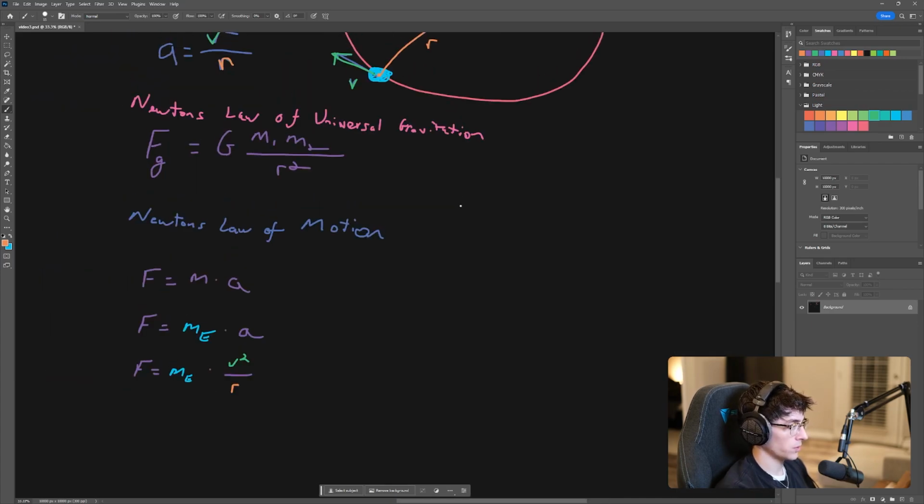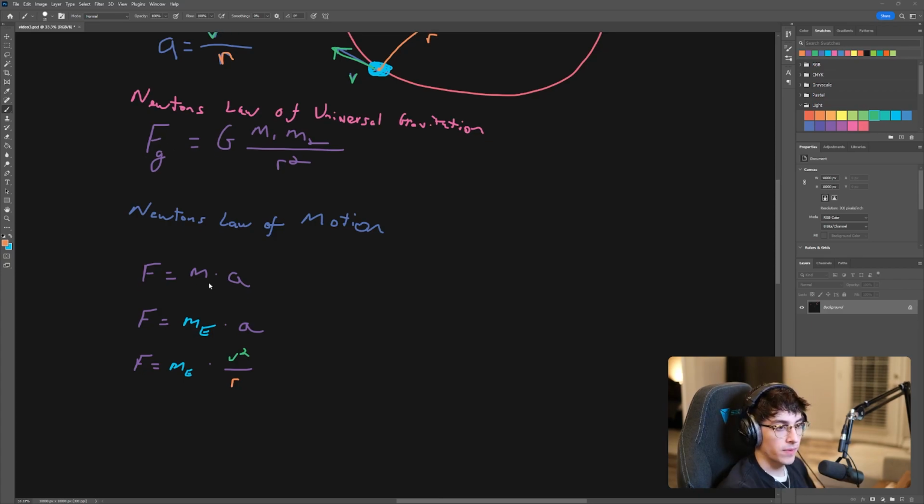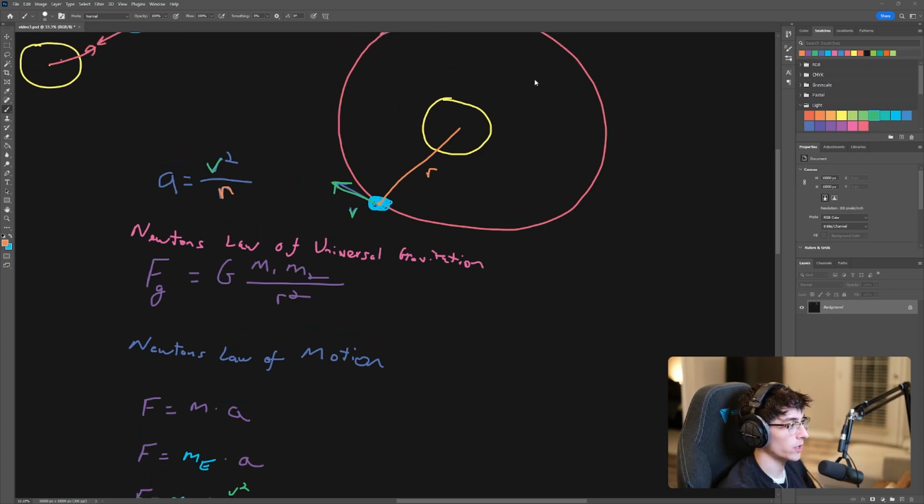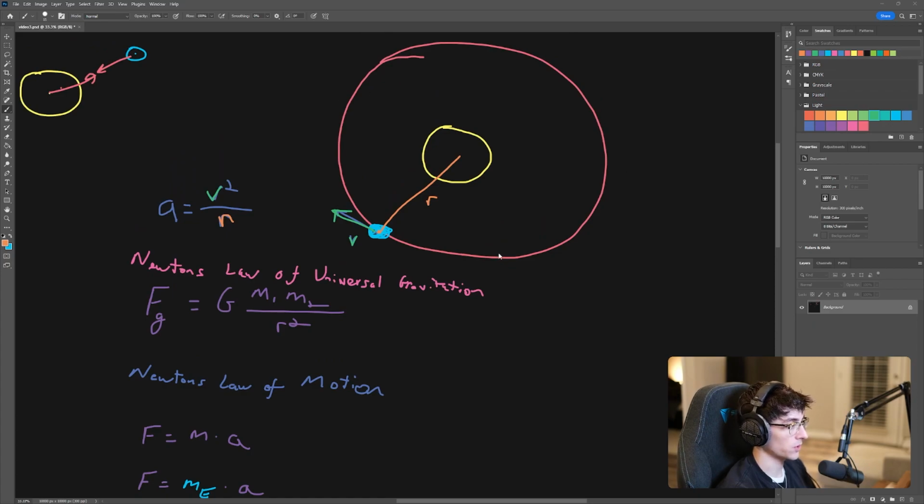Newton's law of universal gravitation, which we used last time to calculate the gravitational force between Earth and the sun. As we just discussed, centripetal acceleration, a, can be calculated just by taking the speed squared divided by the radius of the circle. And the radius of the circle is just the distance from Earth to the center of the sun, since we are orbiting around this sun in a perfect circle.